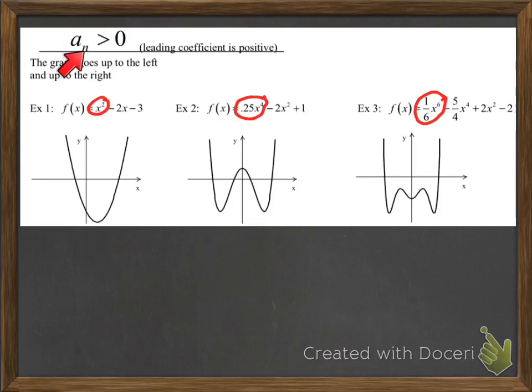Now, if your coefficient is positive, that means you're going to be going up on both sides, up to the left and up to the right. And these are just 3 examples of equations that show that. We don't need any of that other information there. All that we're concerned about is the leading coefficient.